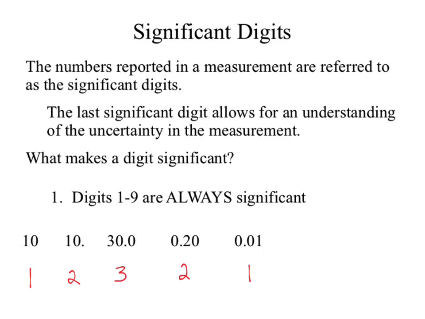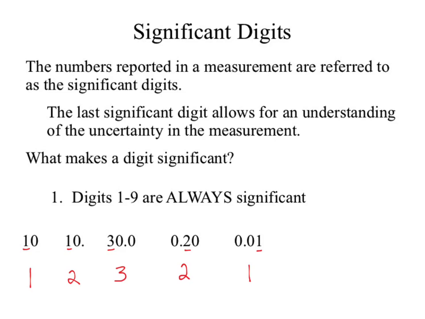Digits 1 through 9 are always significant. So when we go through these, we could underline each of the digits that's 1 through 9. So all of them have at least one sig fig. How did we dictate whether we had more sig figs than that? Decimal points. It all had to do with labeling what? The 0 as significant or not.